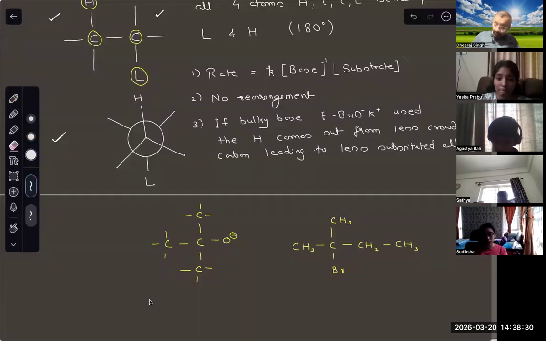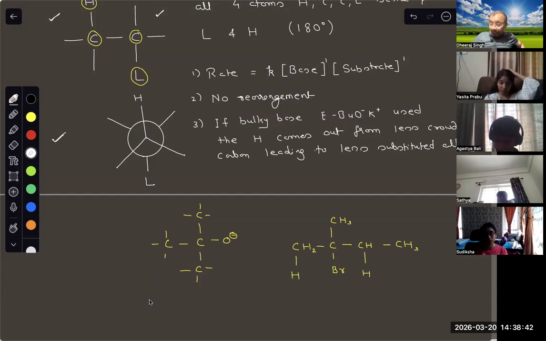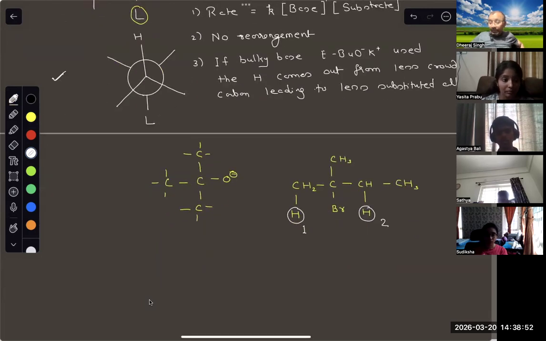Now look at this hydrogen and this hydrogen. This base will attack which hydrogen, the first one or the second one? First one. It can't go to the second. It is so bulky itself.